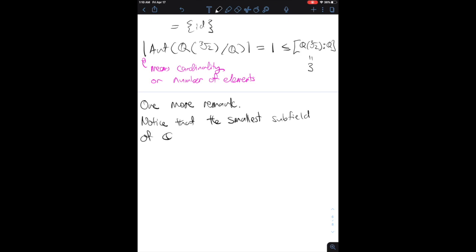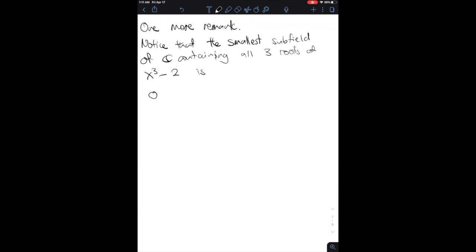So notice that the smallest subfield of the complex numbers which contains all three roots of the minimal polynomial x cubed minus 2 is the field where you have to adjoin the real root, the cube root of 2, and you should also adjoin i root 3.